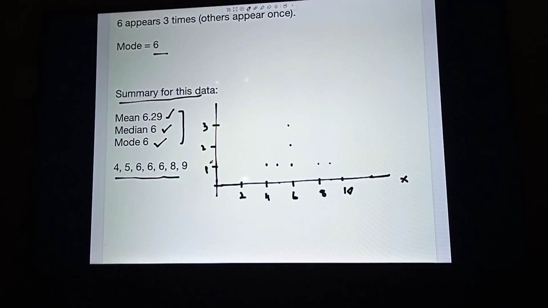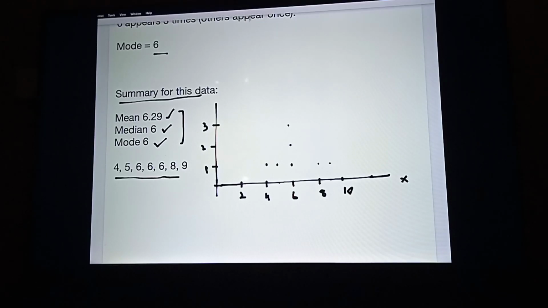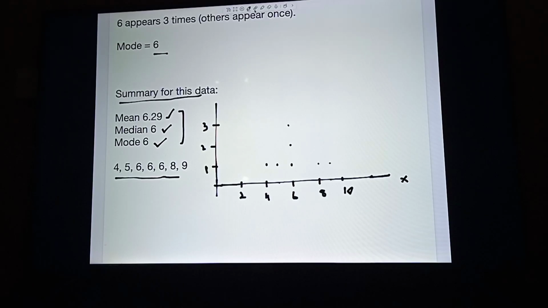Now what is the mean? Where is the mean? So the mean is here. Or this is the mean, 6 point something, 6.29. So it is almost this 6. This is the mean.